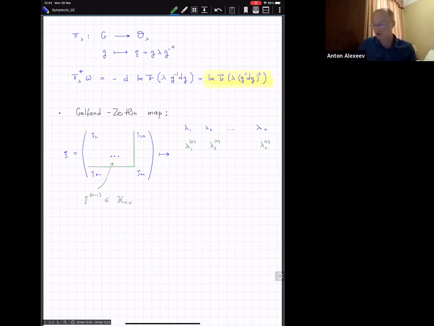It again has eigenvalues. We denote them lambda n minus 1, 1, lambda n minus 1, n minus 1. And we continue doing it until we reach the top left corner. So here the matrix is 1 by 1.